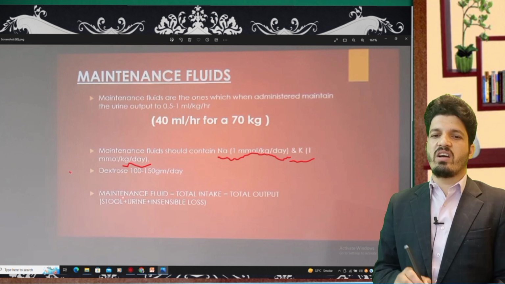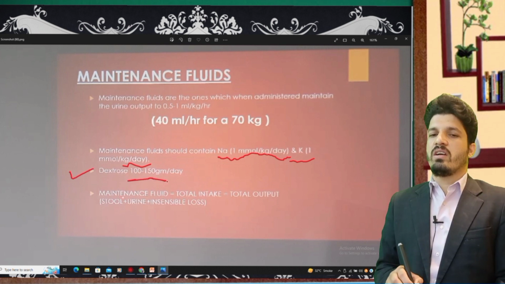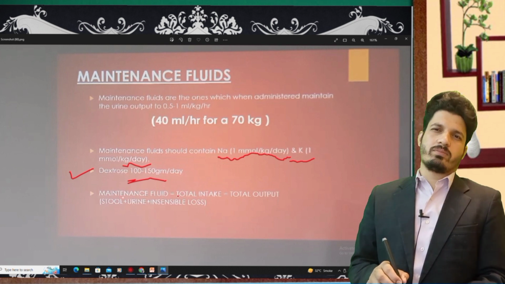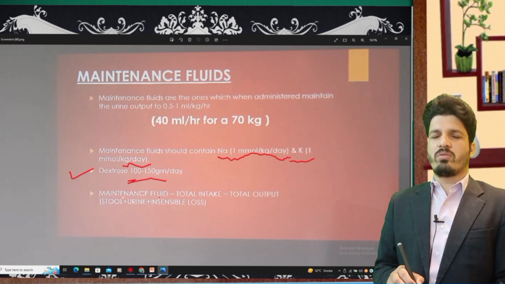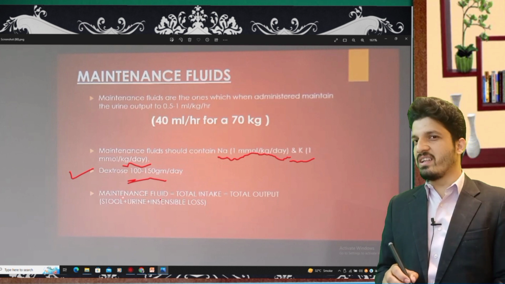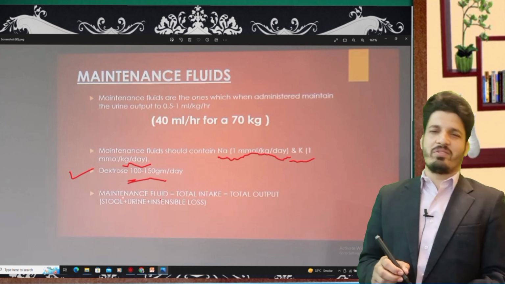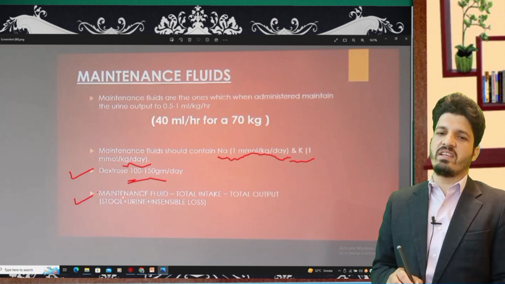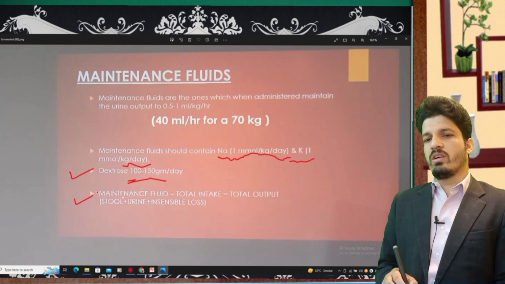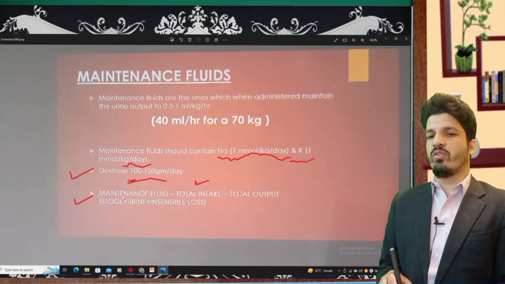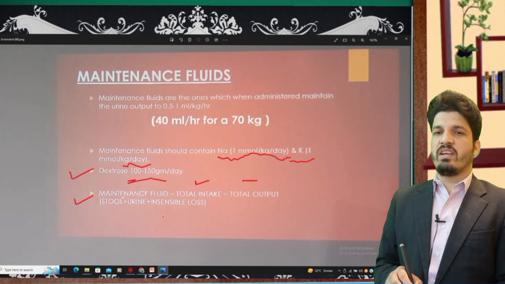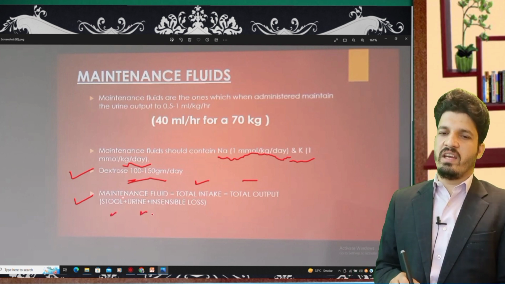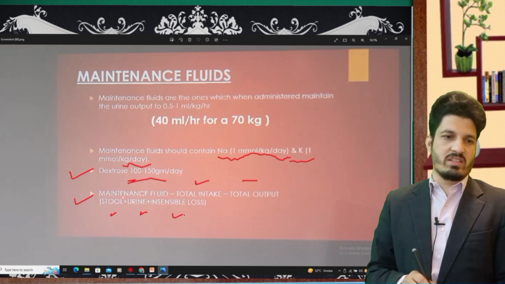Then you will also talk about dextrose, 100 to 150 grams per day. This is a very small amount. Will it provide nutrition? No, definitely it will not provide nutrition. It's for the brain. Summarizing, for maintenance fluid total intake is equal to total output, and total output is in the form of stool, urine, and insensible water losses.